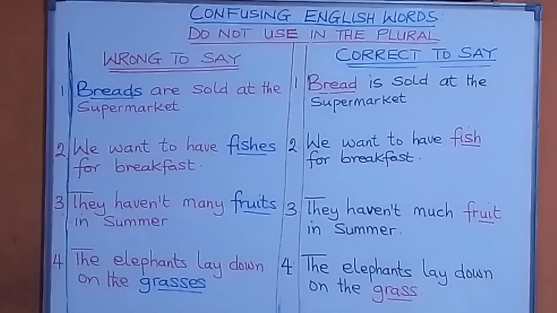However, if you say fruits, it means different kinds of fruit. For example, Gambia produces mangoes, oranges, and other fruits.